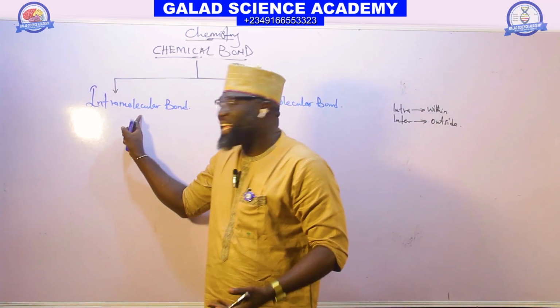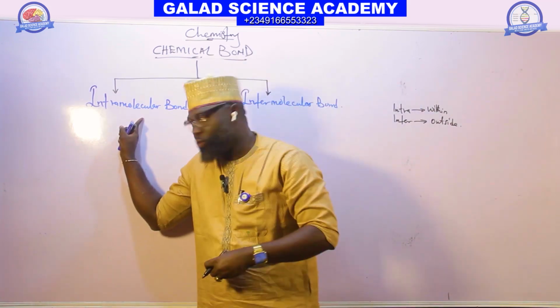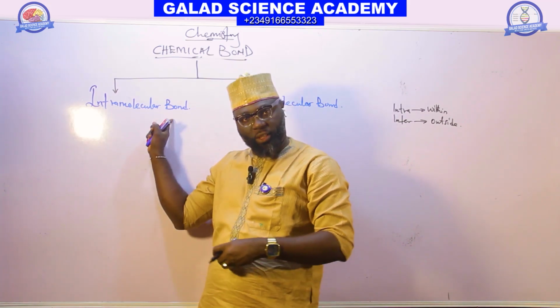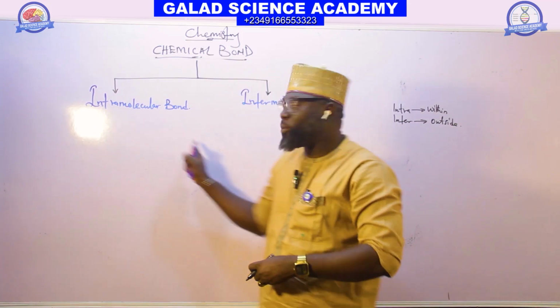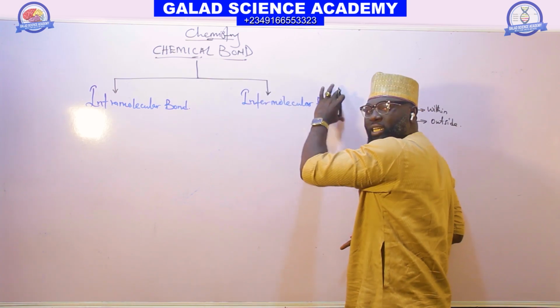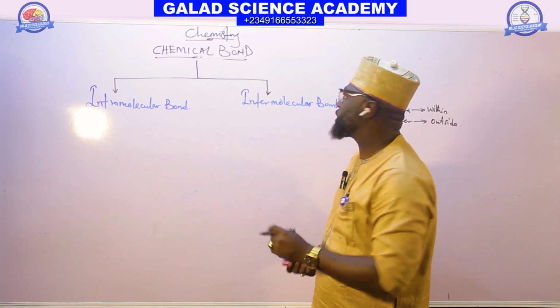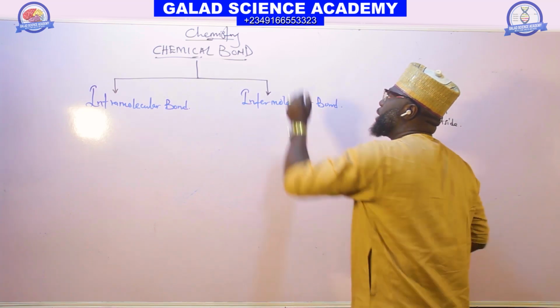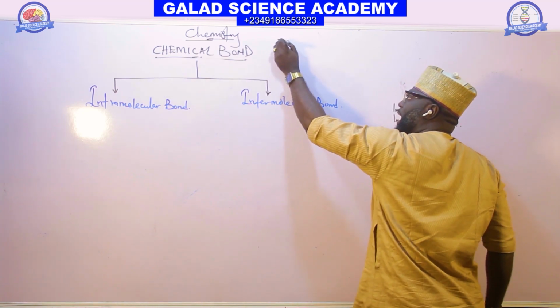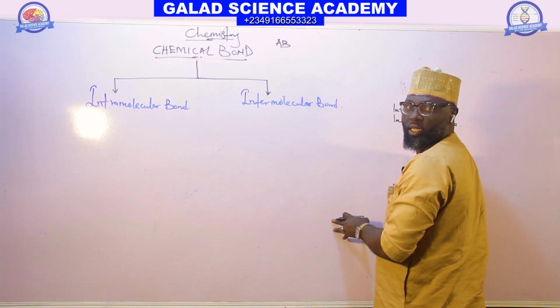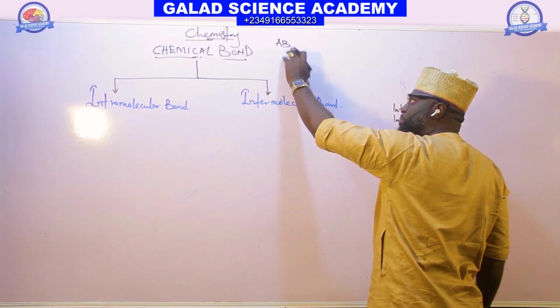So intra is a bond that occurs within a molecule. Intramolecular bond, within a molecule. But intermolecular bond occurs between two or more molecules. Let me use this example: we have A react with B and they form AB.